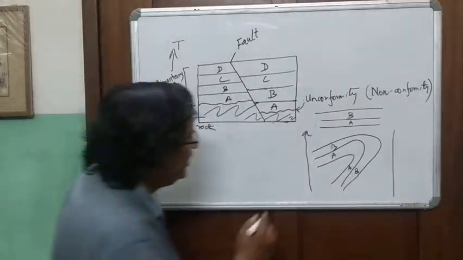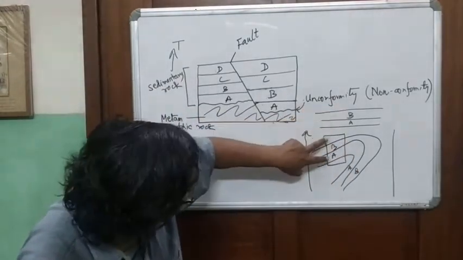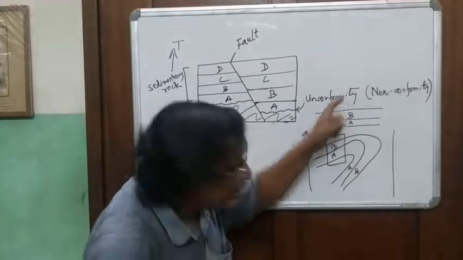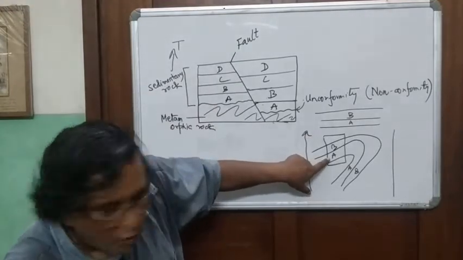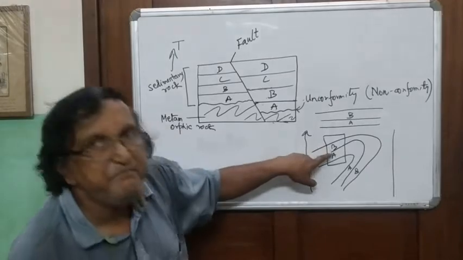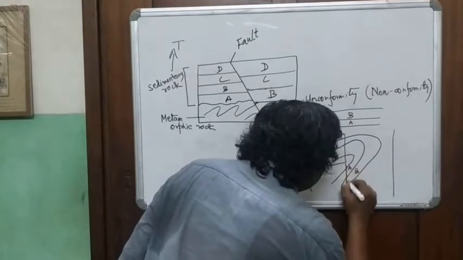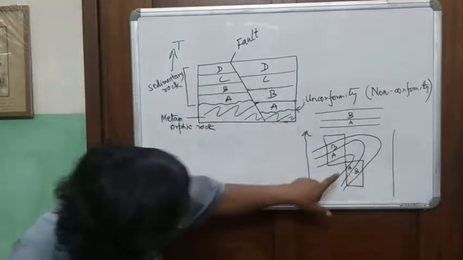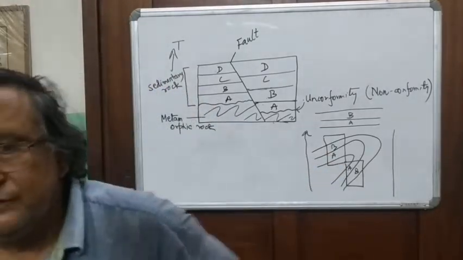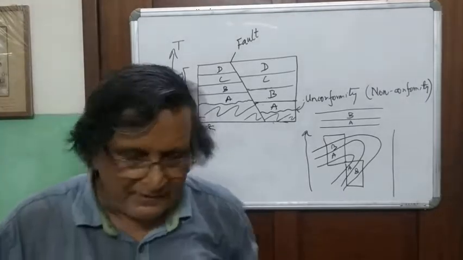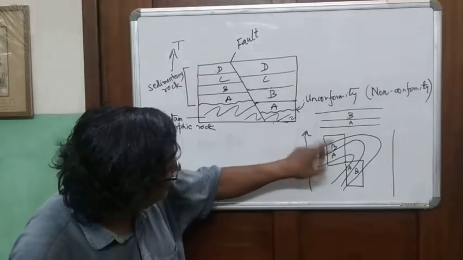You see, in this part, the original chronology is correct. A is older and at lower height than B. No problem. But look here. B is lower and the older A is above it. Can you see that? In this limb of the fold, A is older, B is younger, so above. Correct?